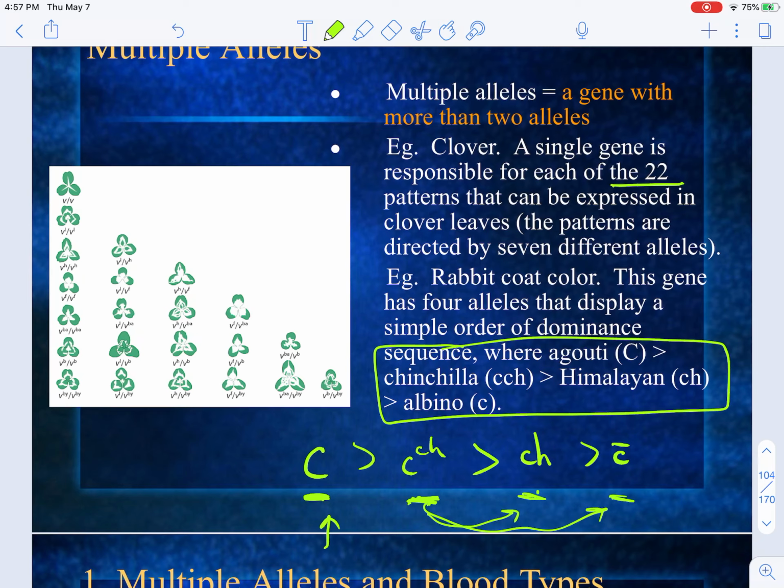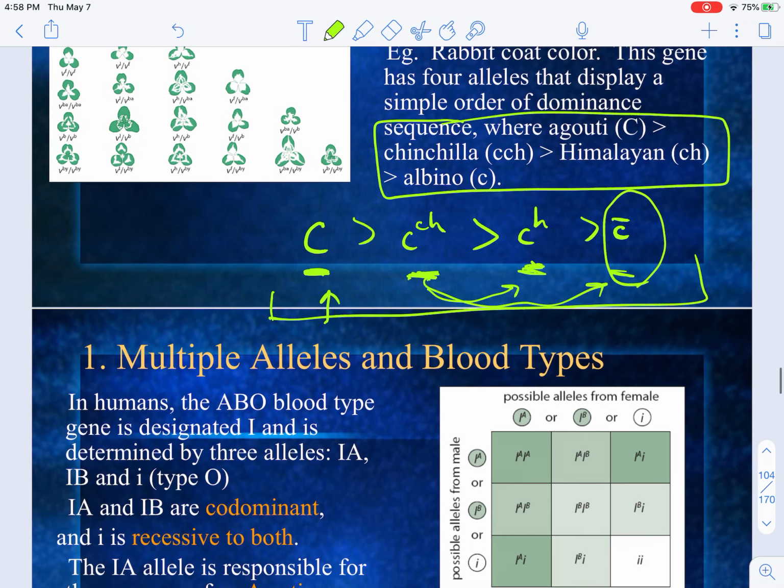And same thing with Himalayan. It's Himalayan if there are 2 Himalayan genes, or if it's carrying the albino gene, and I think I was supposed to actually write that as C to the H. The only way for it to be albino is for it to have 2 of these. So you're just basically looking at the hierarchy of dominance to see what those babies would look like.